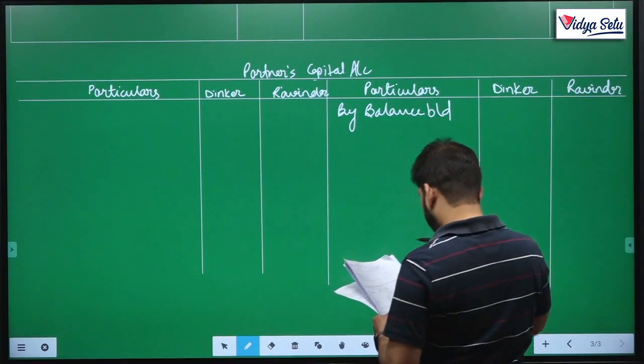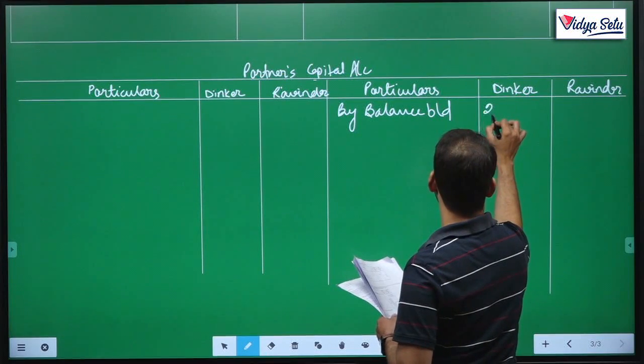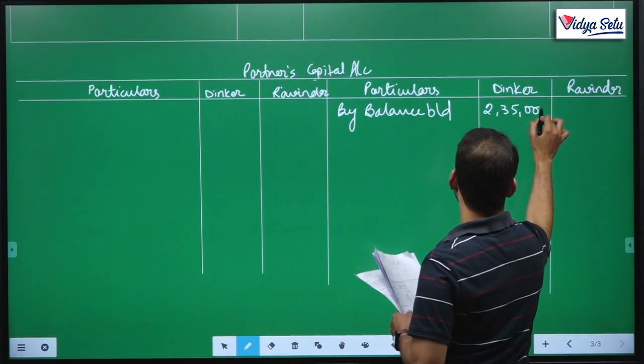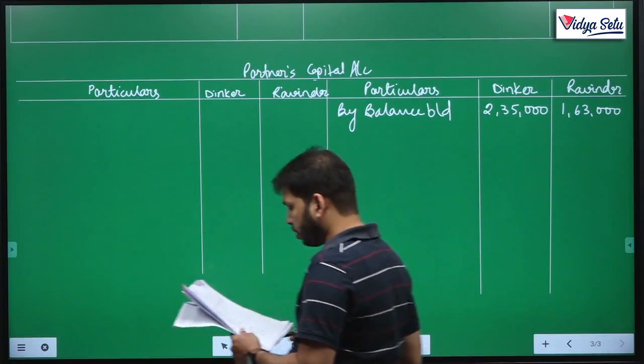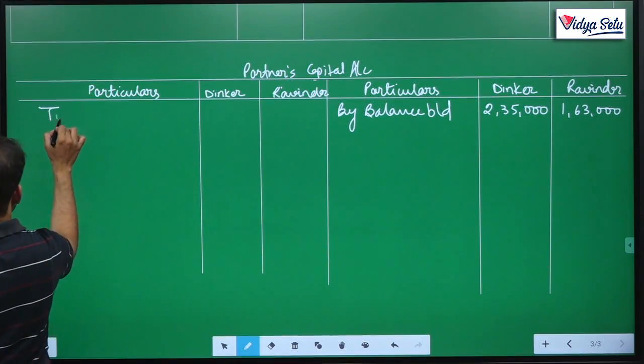So first thing is capital account, that's the balance brought down. The balances are 2,35,000 and 1,63,000.